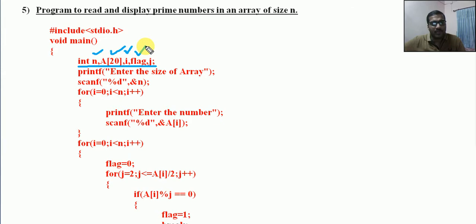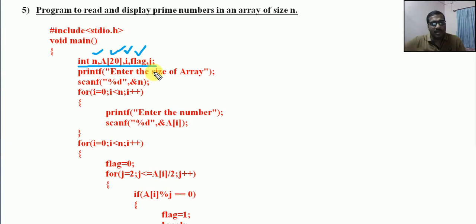Based on the flag value, we can say true or false. If the flag value is 1, that is true, or if the flag value is 0, accordingly we can make some decision. Just for making a decision based on the value of the flag variable, we are using flag. Normally we use flag variables for this particular purpose.